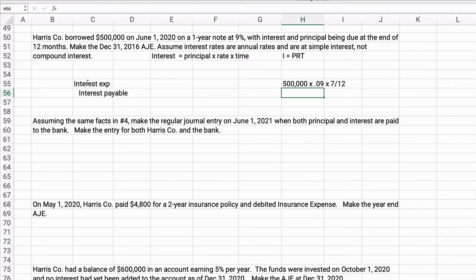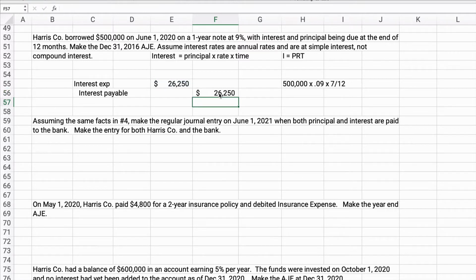Then we'll have in 2021 January, February, March, April, May. That's 5 months. All right, so here's how you do the math in Excel. Obviously start with an equal sign, 500,000 times 0.09 times 7 divided by 12, and we get 26,250. 26,250 is our interest expense we have incurred.